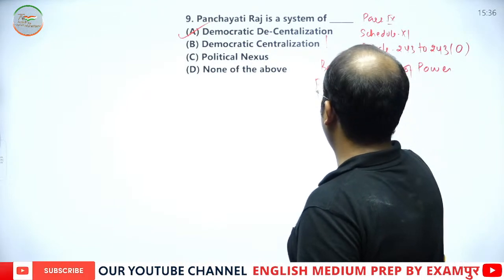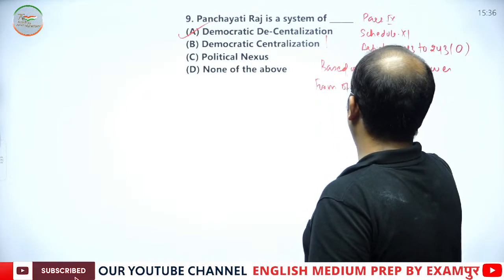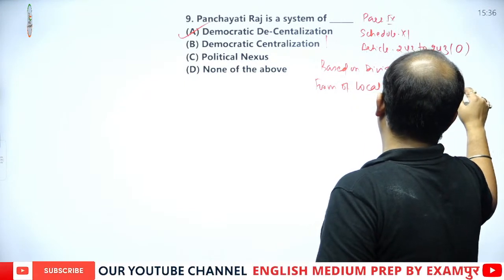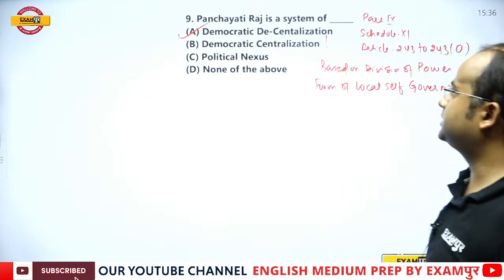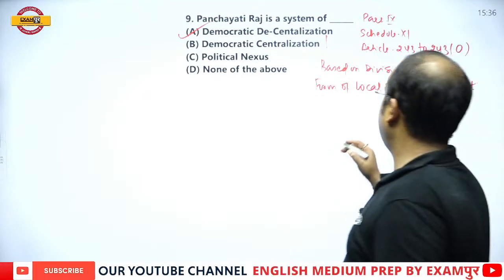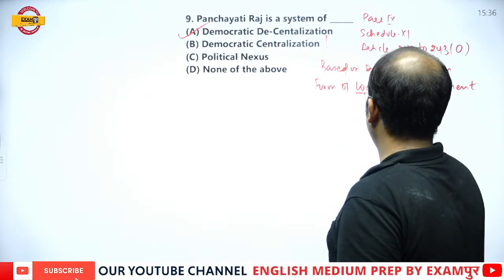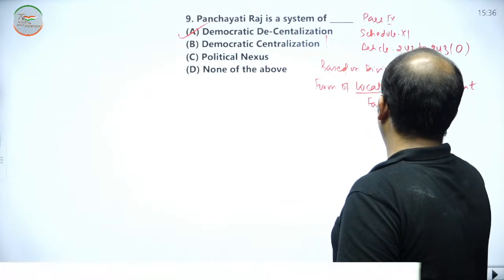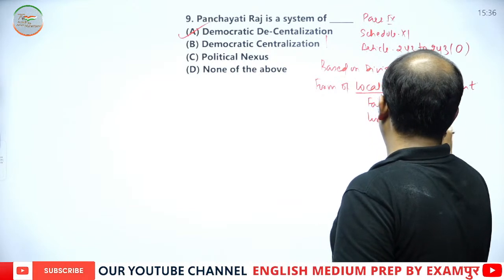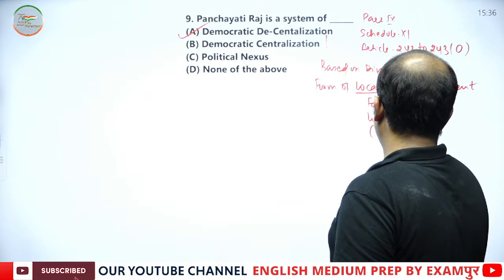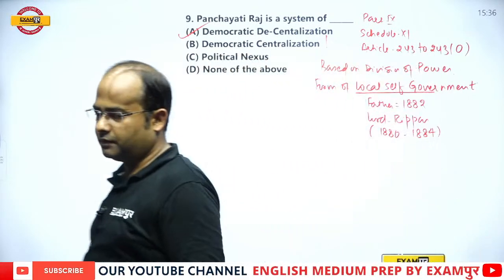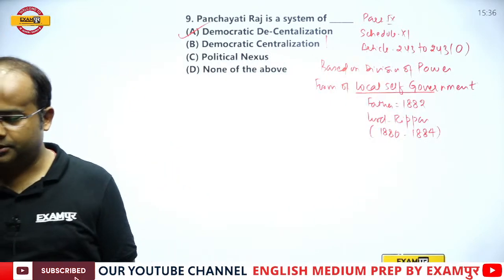It is a form of local self government. The father of local self government, started in 1882, was Lord Ripon, who was the viceroy from 1880 to 1884. So the correct answer will be option A, democratic decentralization.